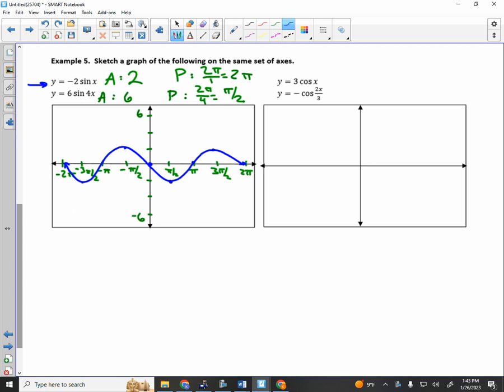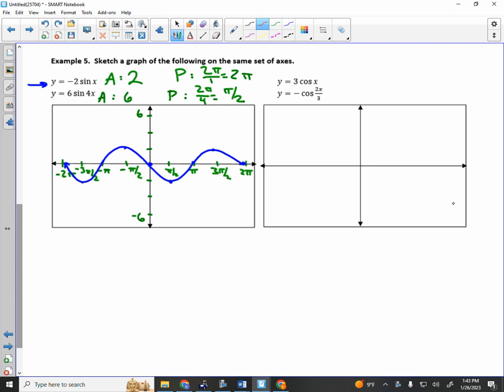Okay, so let's go to the second step. For the second step, notice that the amplitude is 6. So I'm going to have to go all the way up to 6 and down to -6. Here's the part where people get confused. This is the part where you really have to focus. 60% of you will get it just fine, and 40% you might struggle with this. But let's consider that the period for the first one is 2 pi. So it completes a full cycle from 0 to 2 pi.